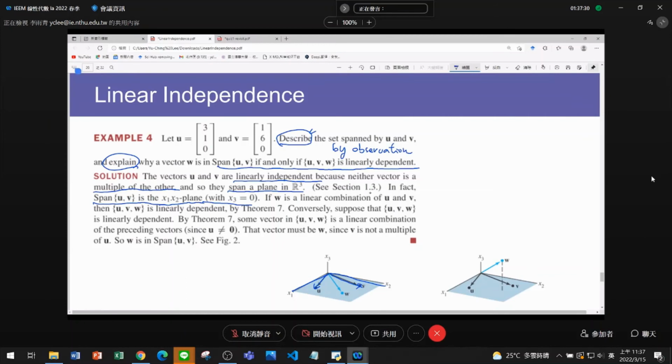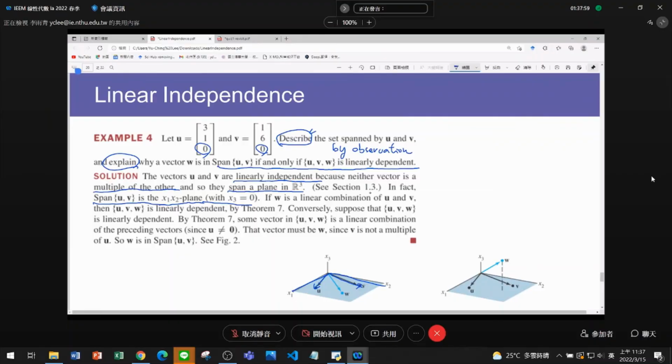So you probably won't need any systematic way to solve the example, but sometimes you need to use your observations. You need to spend some time staring at it, and then eventually conclude that both vectors contain zeros in the x3 position.